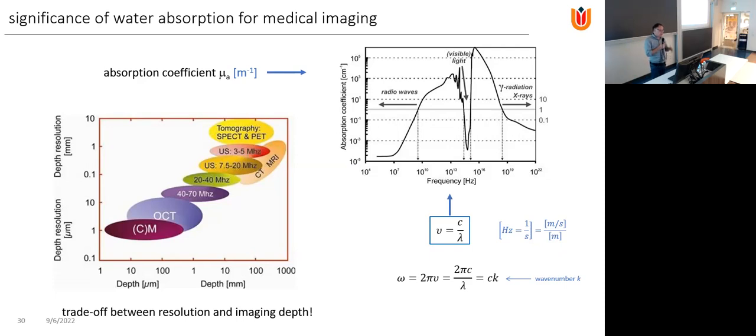They can look basically through our bodies, but their resolution is pretty coarse, in the order of millimeters. The optical techniques that work in this niche, on the other hand, have a much better resolution, in the order of micrometers, but the depth with which you can image is much lower.